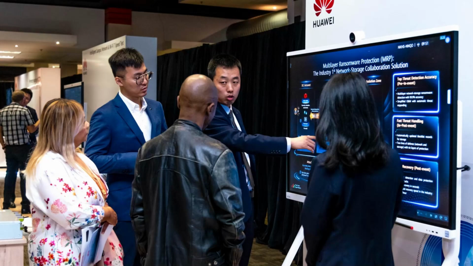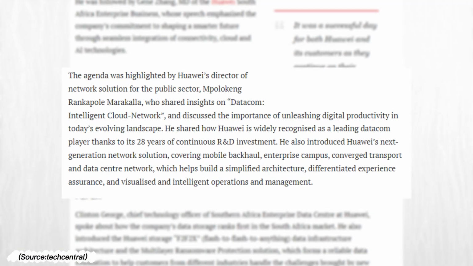The East London Summit was held at the East London International Convention Centre on the 4th of April, hosted by Huawei Enterprise South Africa. The event had more than 100 people, including industry leaders and decision makers. The main agenda was on Datacom and Intelligent Cloud Network.